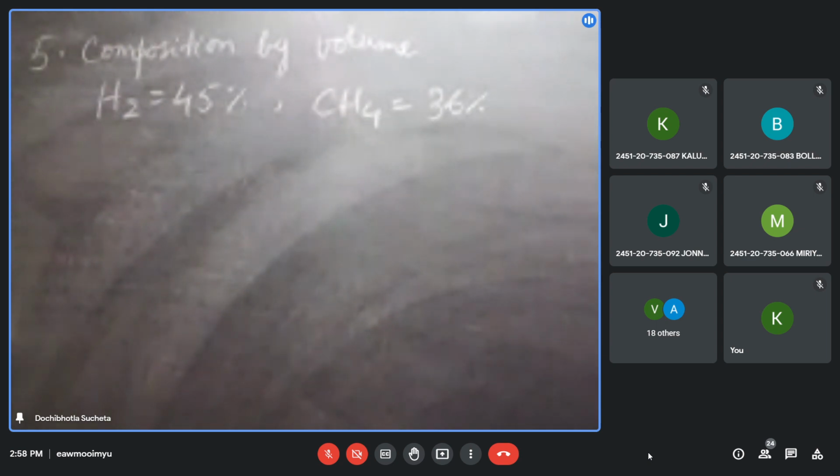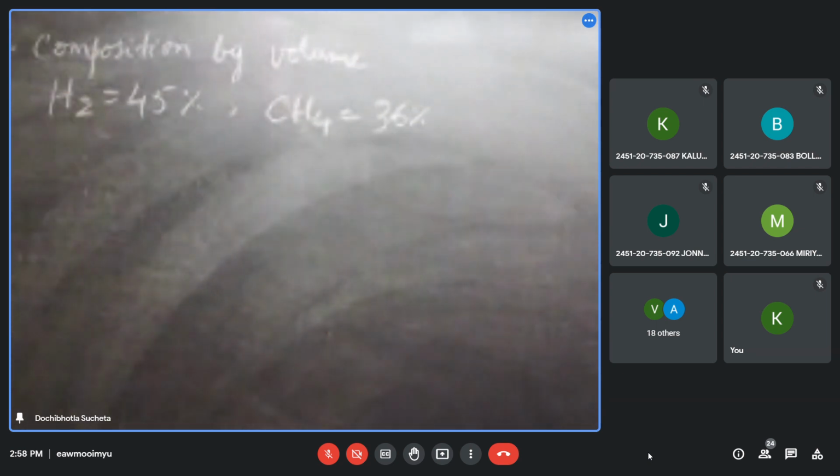If by chance oxygen is not given, then you can consider it either as 0 or you can calculate it as 100 minus the rest. That's the generally used idea.